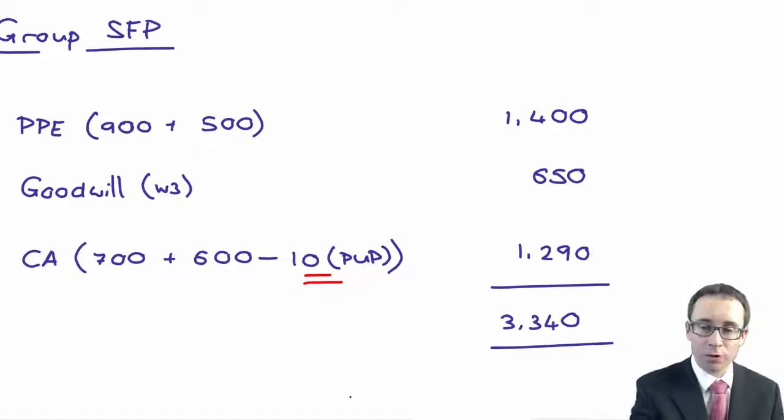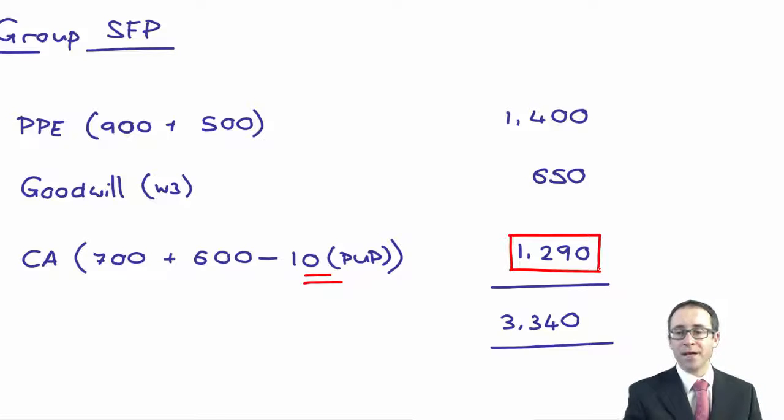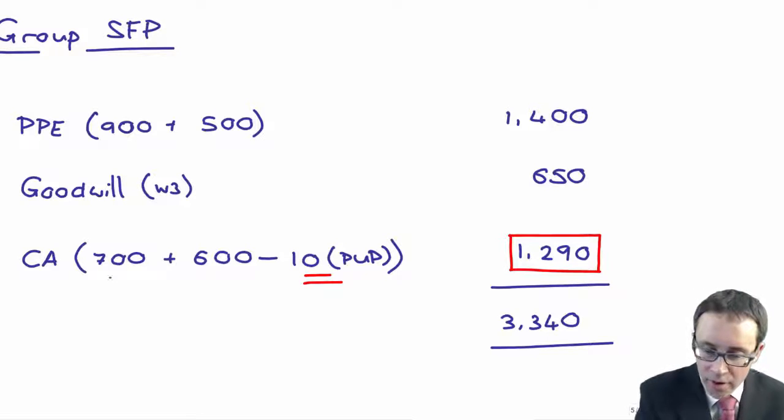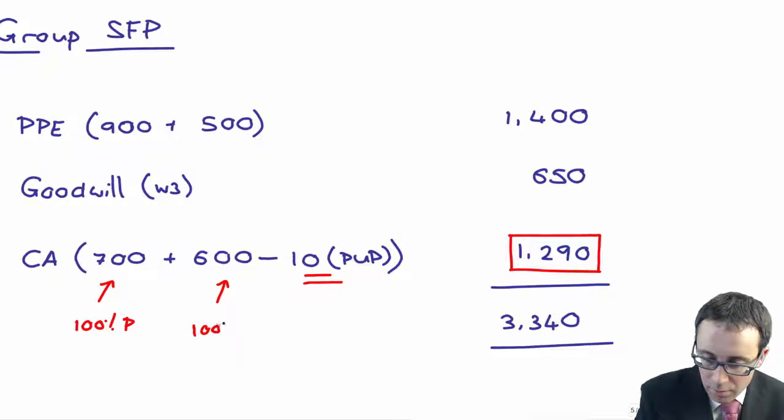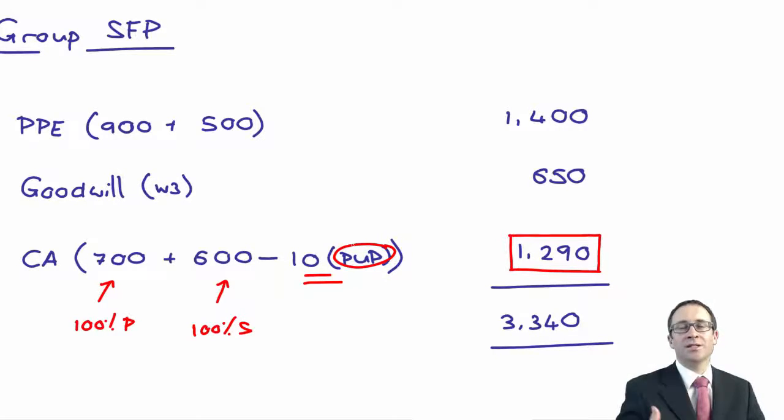Now, questions within the exam will specifically ask you to work out the current asset figure. Okay, so that's going through there, isn't it? I'm taking 100% of P, 100% of S, and then the PUP adjustments. Okay, we've just said current assets, but obviously that would be specific to, is it there, your inventory.